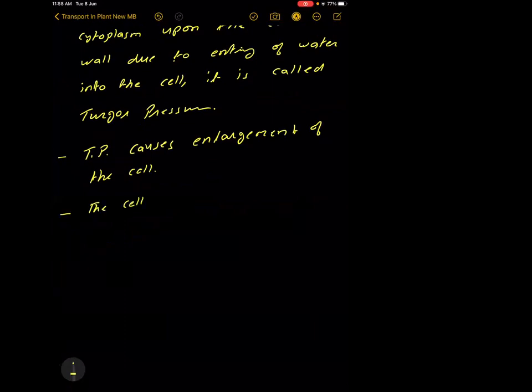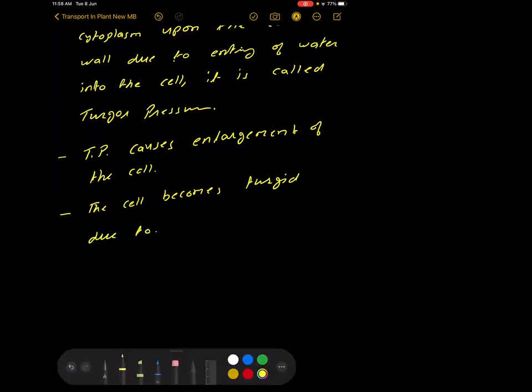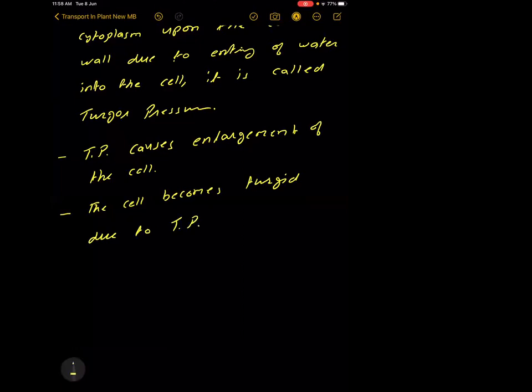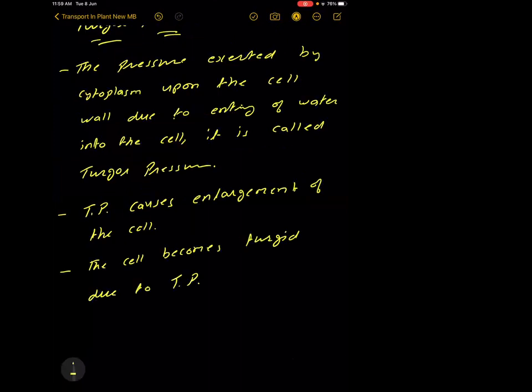The cell becomes turgid due to turgor pressure. Okay, so this is turgor pressure.